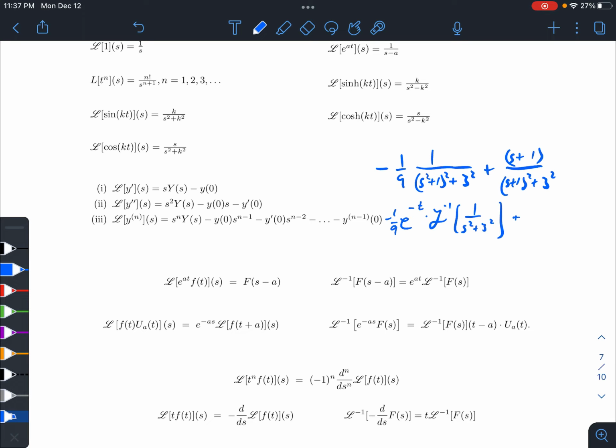And then this is e to the negative t times L inverse of s over s squared plus 3 squared.